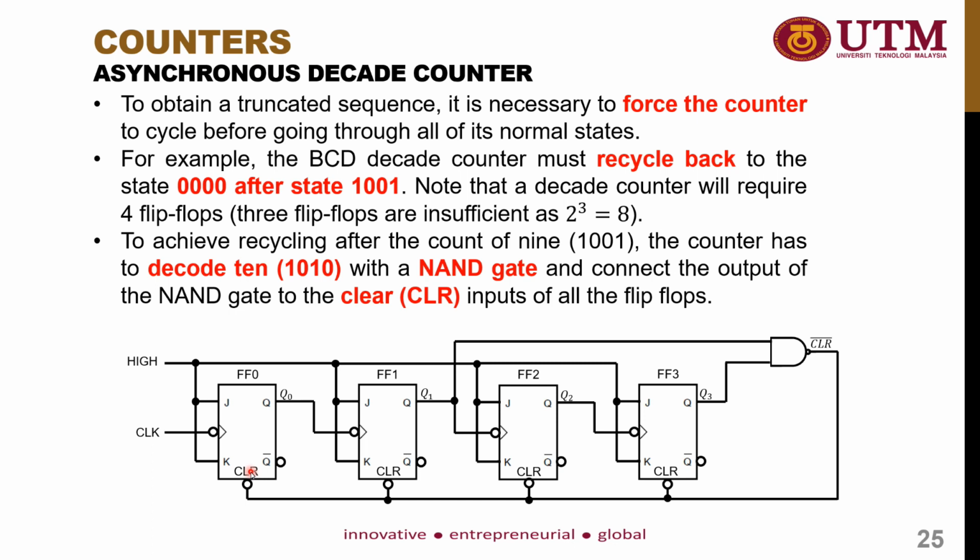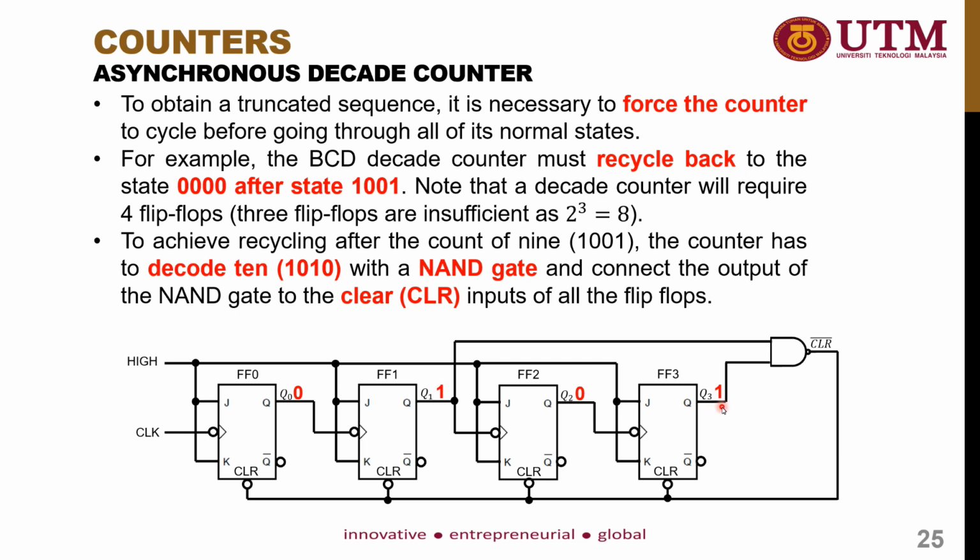The function of CLR is to clear the counter, so it makes the counter become 0000. We want to clear the counter when the output state of the flip-flops is 1010. Right now we will observe what happens if the value of the counter is 1010. FF3 is the MSB and FF0 is the LSB.